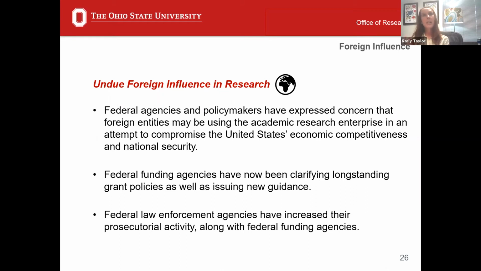You can have the FBI looking into these cases, or let's say you have funding with NSF or NASA. They have their own agencies, the Office of Inspector General, that will come in and do their investigations as well. Next slide.